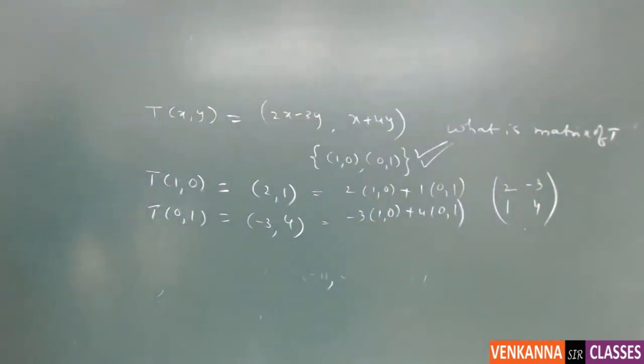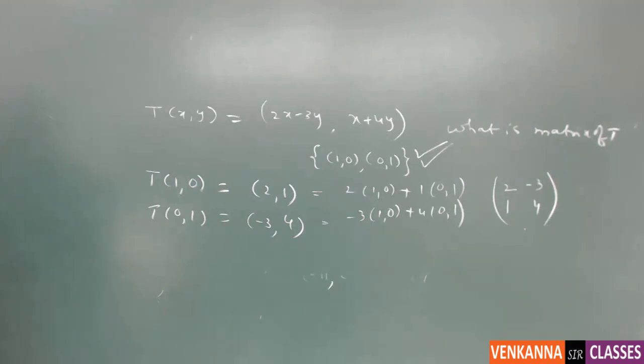This you can apply for 2 by 2, 3 by 3, 4 by 4 and so on, n by n. Whatever it is, it is true for the standard basis. You can observe that the coefficients of x will come as one column, and the coefficients of y will come as another column. Did you notice that in the matrix?